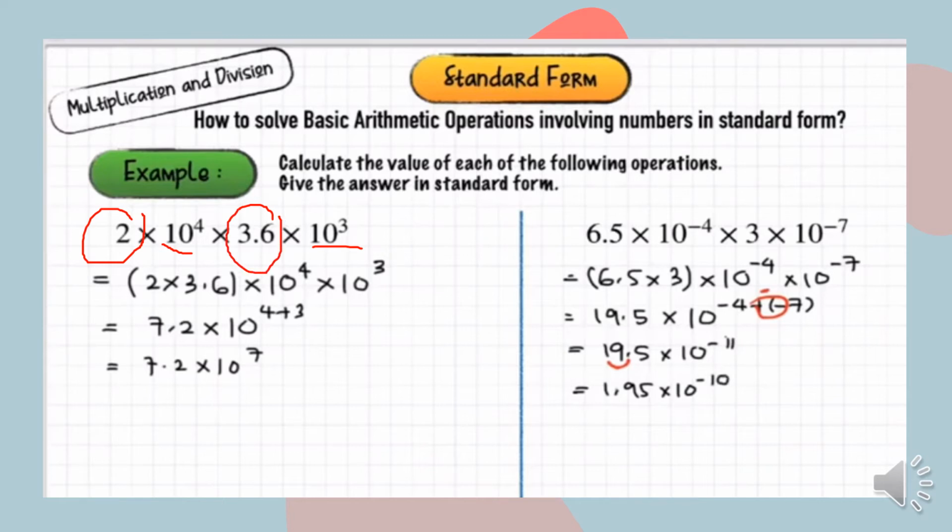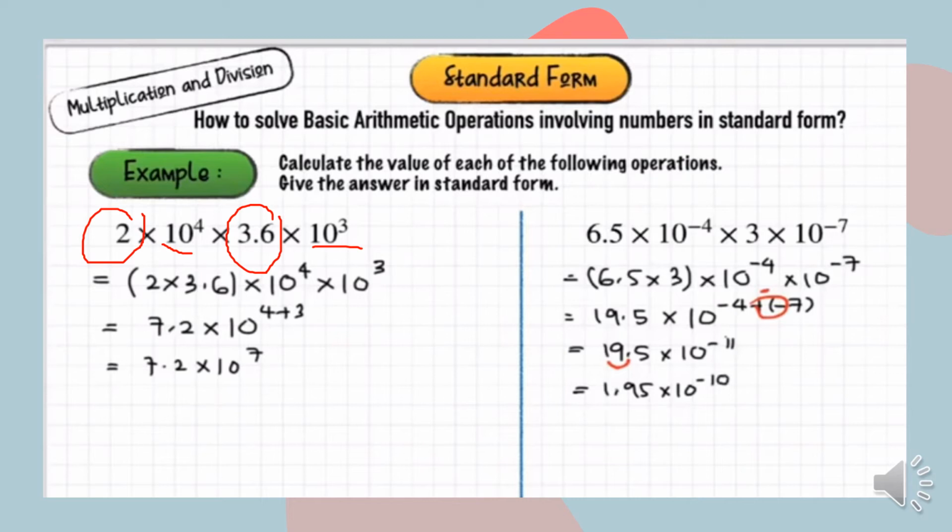We just do 2 and 3.6 normally, just multiply. Since the base is the same, the power we normally add up. So the answer you get is 7.2 times 10 to the power of 7, because 4 plus 3 is 7.